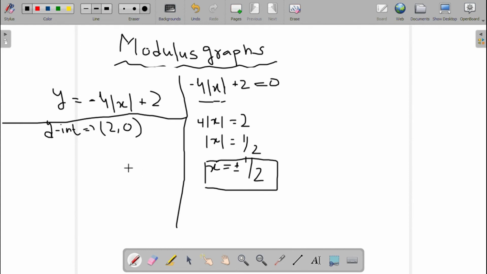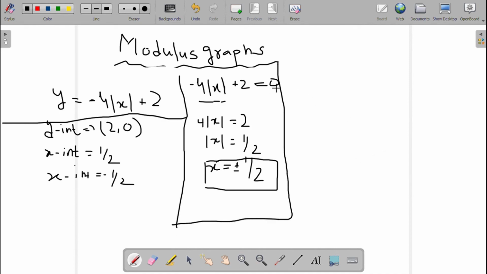One is negative half and the other is positive half. So one point will be (half, 0), another will be (negative half, 0).